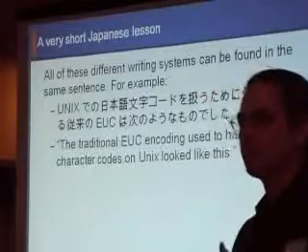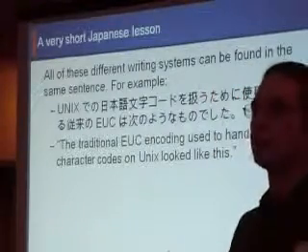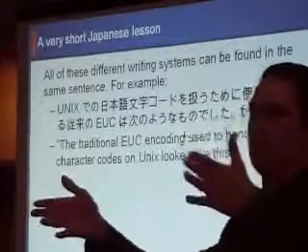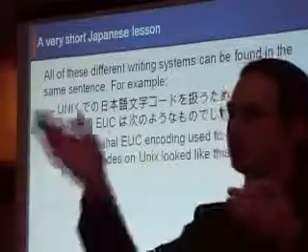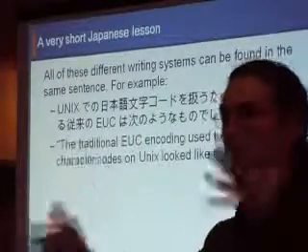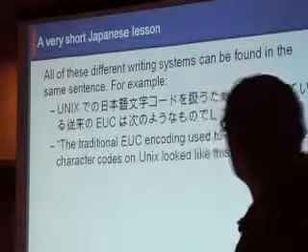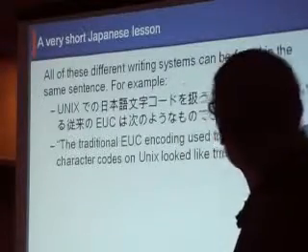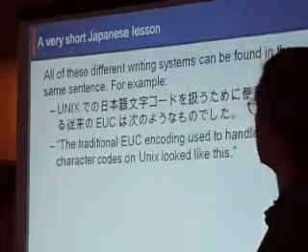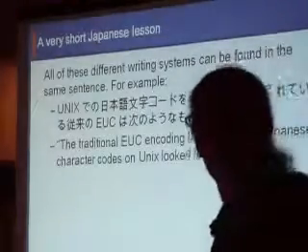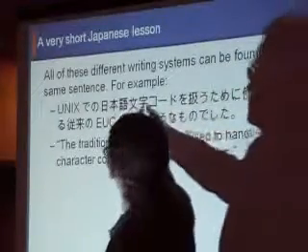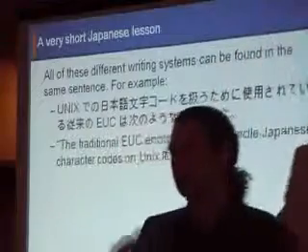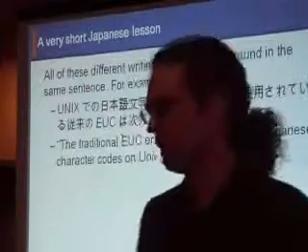So another important point around Japanese is that all of those writing systems can be used in the very same sentence. It goes from one to another, to another, back to one within the span of a single sentence. So the sentence that says the traditional EUC encoding used to handle Japanese character codes on Unix looks like this, and mixes a whole bunch of different symbol types, from romanji to katakana to kanji.